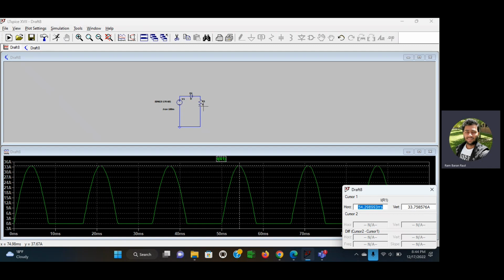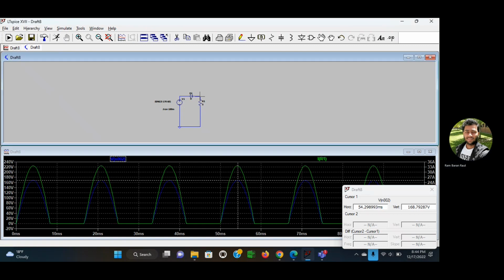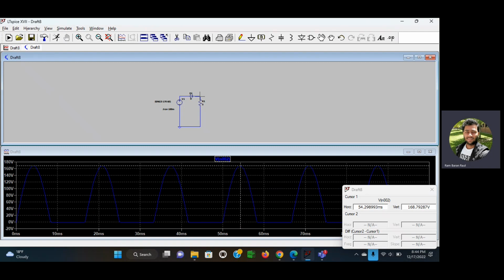Let me show you the voltage over here. The voltage is almost 168.79. Still, we are assuming an ideal source, but we are not getting 170 volt over here because this is not perfectly ideal. Theoretically we are assuming the diode is ideal, but practically it's not an ideal diode. So there is some kind of voltage drop over here.